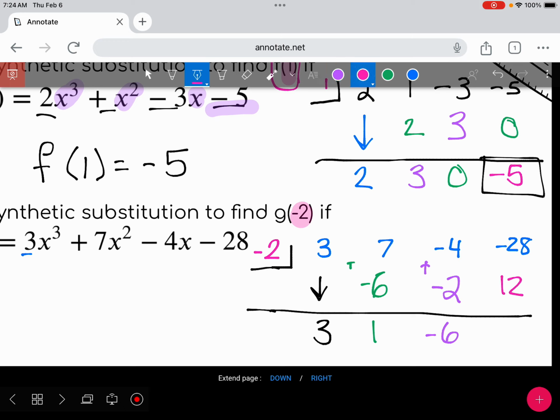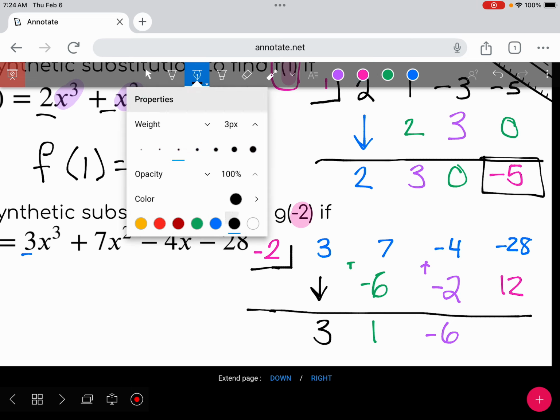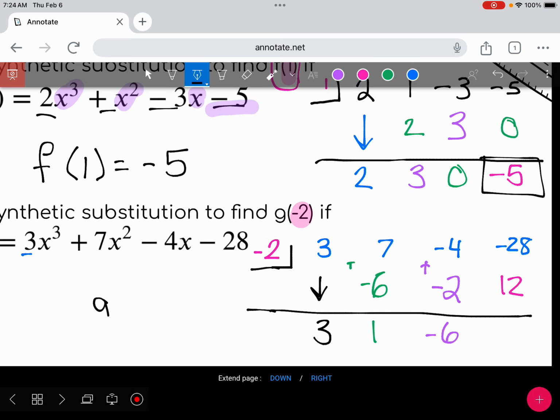And so what is our answer for g of -2? Yep, so g of -2 is going to be this -16 over here on the end. Okay, questions on these ones?